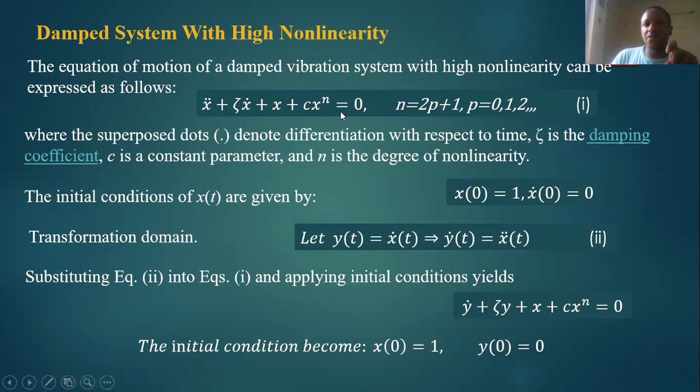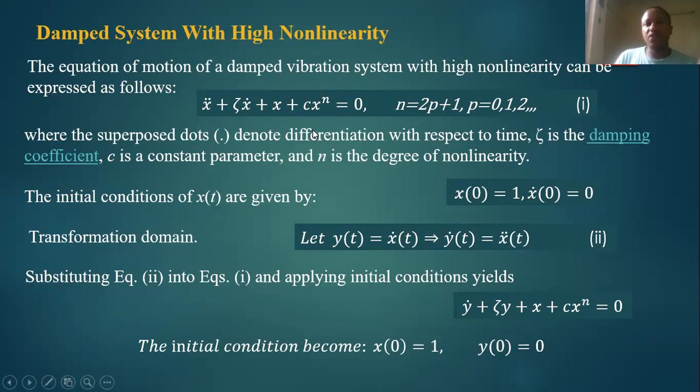The equation of motion for damped vibration is highly nonlinear, because Coulomb damping is a highly nonlinear damping condition. So how can we express the equation of motion of such a highly nonlinear kind? For example, let's take x double dot plus zeta x dot plus x plus c x to the power of n, which is equal to 0.